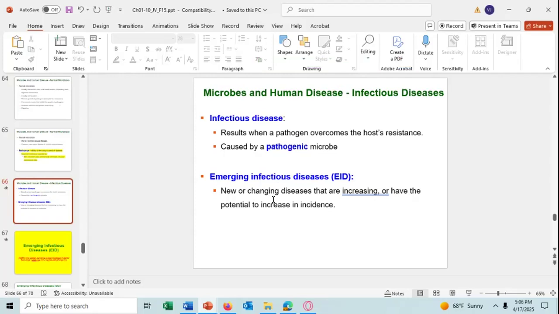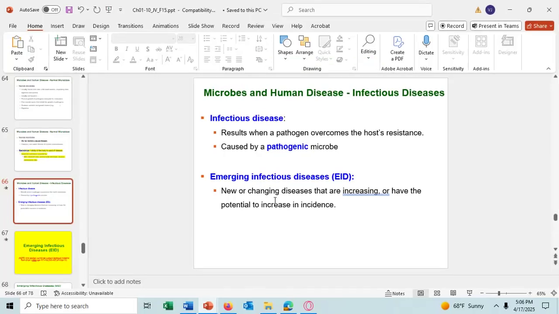I don't think there's any cases of Ebola at the moment. Somebody could maybe look that up or Google it. Ebola might have the potential to increase in incidence, so I don't know if it's considered an emerging infectious disease or not. Ebola has been around since around 1970, and it was probably around before that. We just didn't know about it.